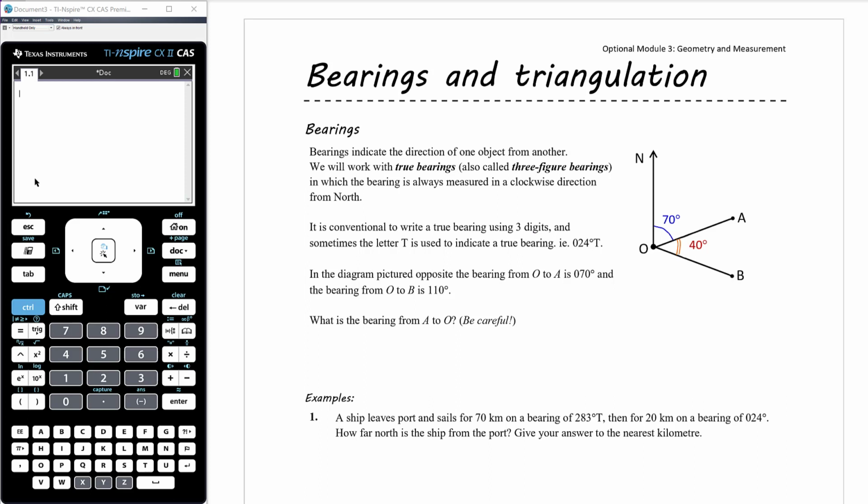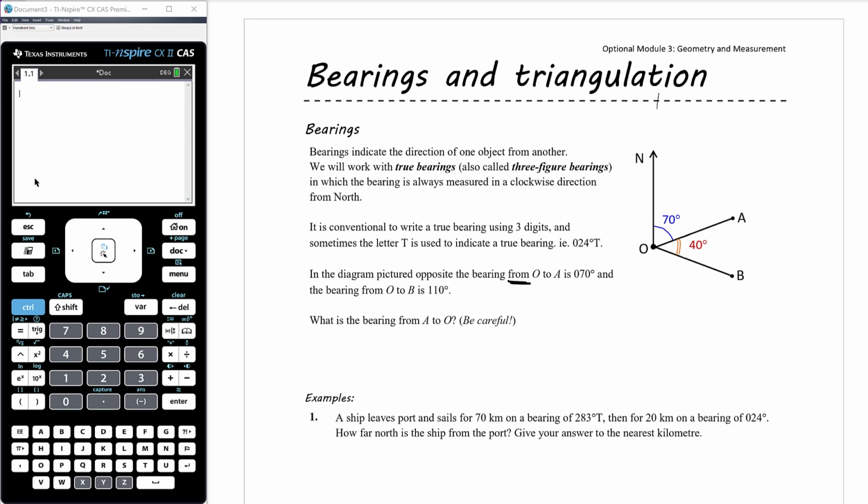Okay, so in the diagram we've got here, we've got north measured vertically up, and we would always draw our diagrams with north measured up. And then we can see here that the bearing from O to A is 70 degrees. The key thing here is the word from. It's really important that you're clear about where you're measuring your bearing from.